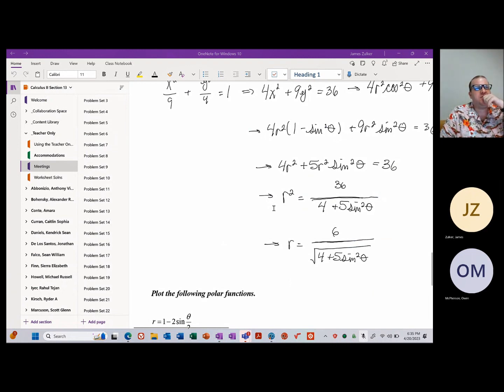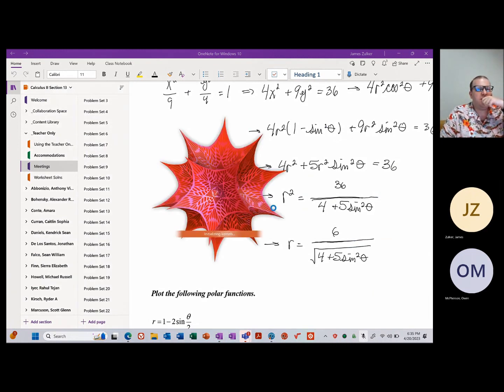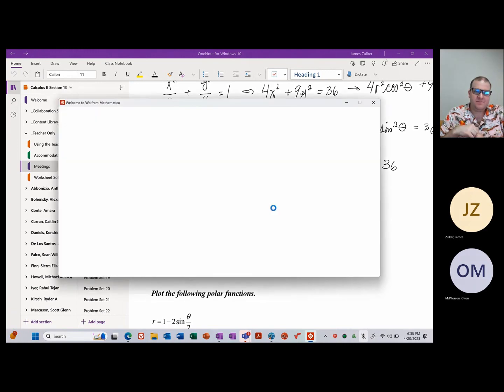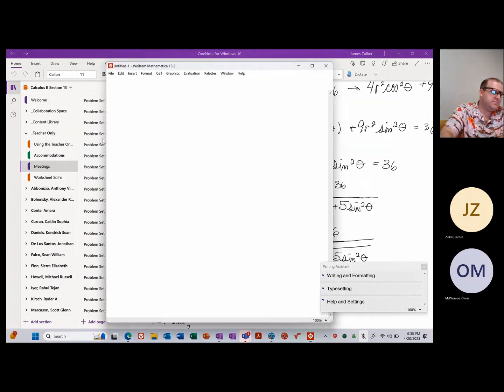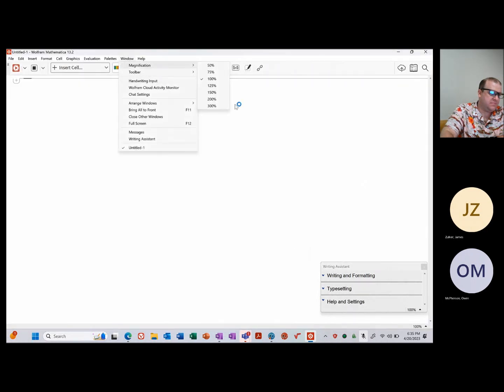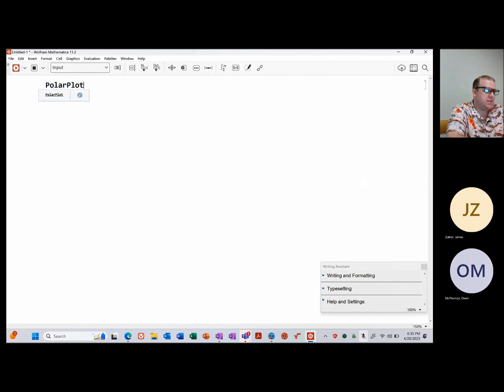Of course, we also have Mathematica, which is my preferred. Polar plot allows you to plot functions of the form r equals f of theta.